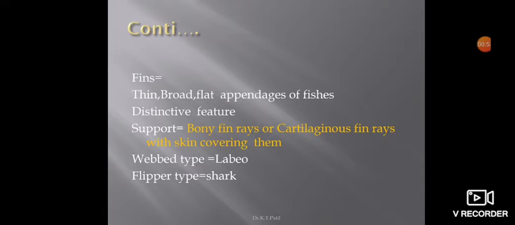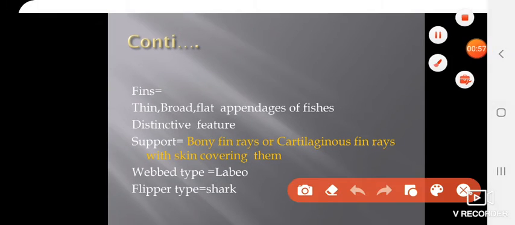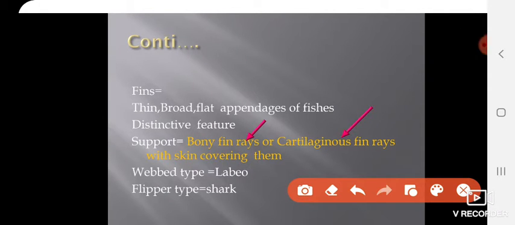In Osteichthyes, the fins are supported by bony fin rays, and in Chondrichthyes they are supported by cartilage-like materials. In Labiorhyncha, the fins develop a webbed type. In sharks, in Chondrichthyes, the fins develop flipper-like.